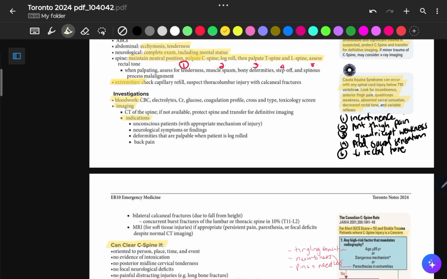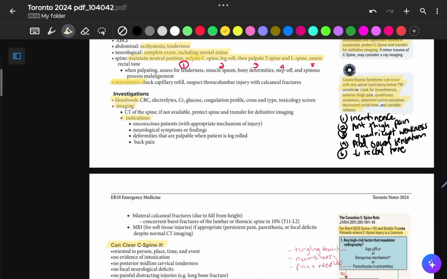If they have bilateral calcaneal fractures due to a fall from a height, you need to make sure you do your imaging, because it's a high-risk injury. MRI for soft tissue if appropriate, because if they have persistent pain, paresthesia, or focal deficit, and you have done a CT scan and it's normal, then you will go ahead and do your MRI.